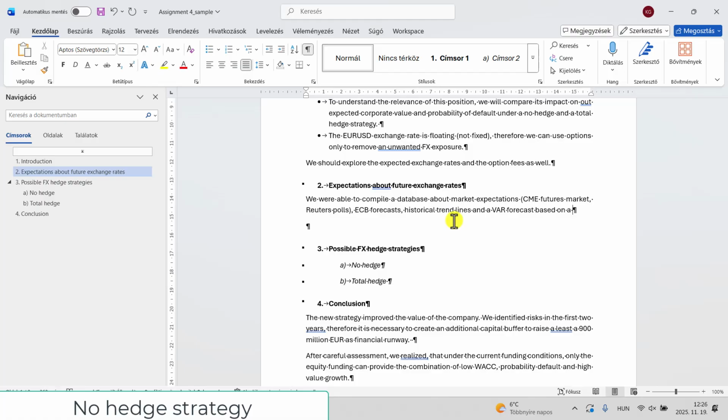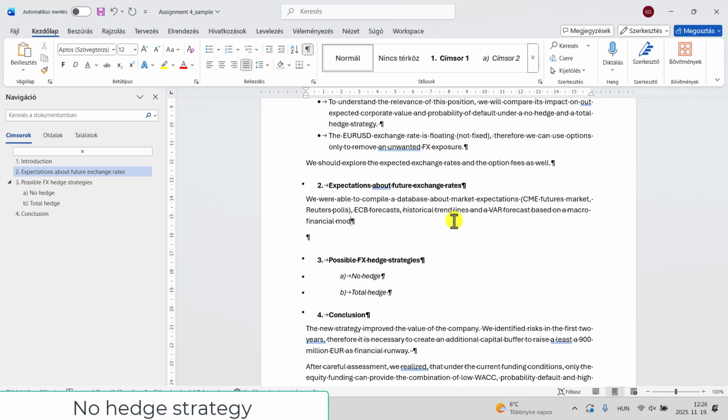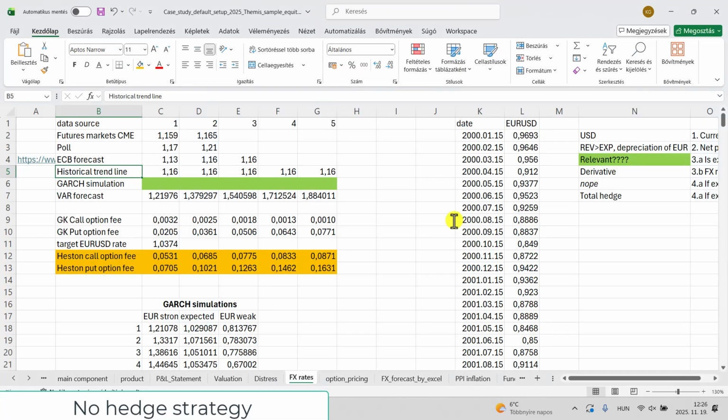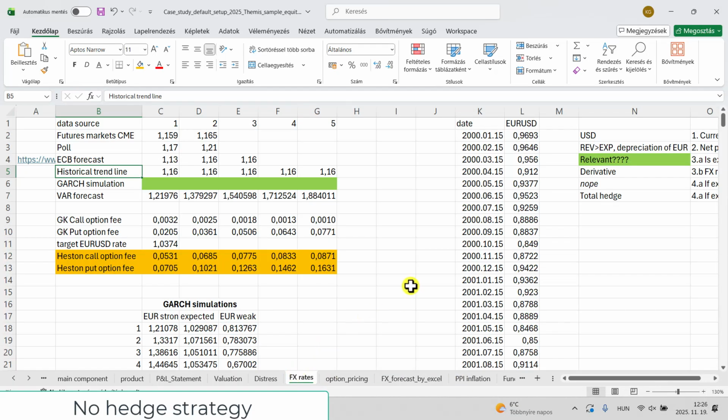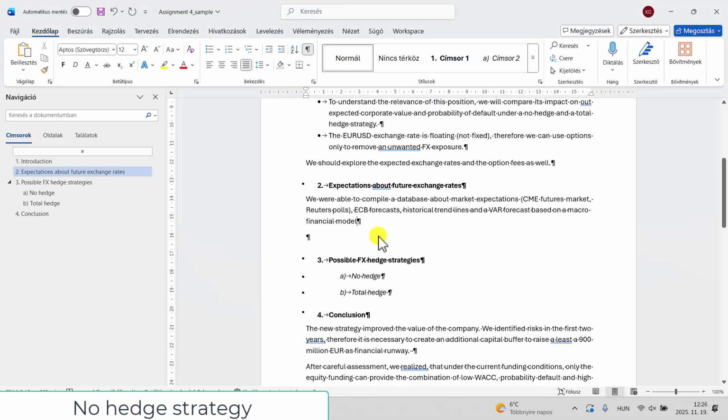Based on the macro financial model, and in this case we know that okay, that was, we can say sketchy, just yeah, it is what it is.